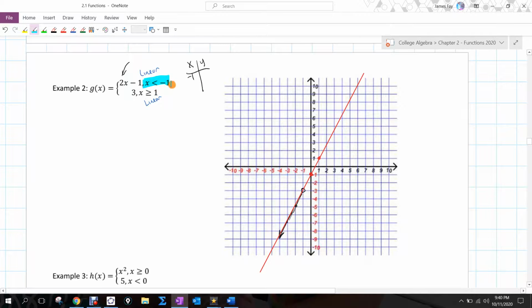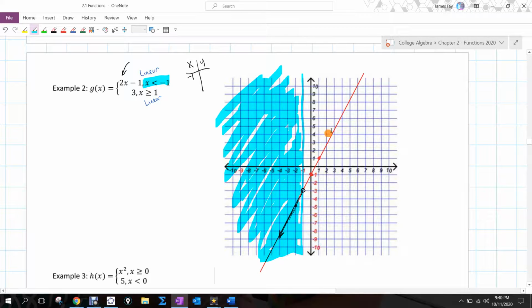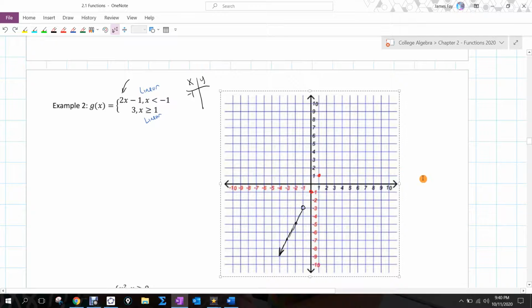Well, I'm going to keep x being less than -1. So these are all my values less than -1. I would keep that stuff, and I would take my eraser and erase all this other stuff, which effectively would leave me with just that graphed in black.